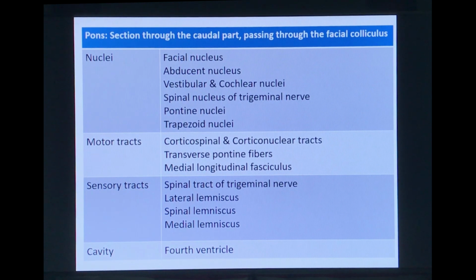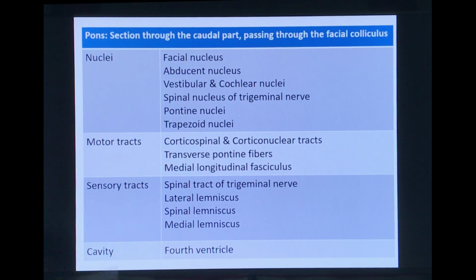The second order neurons are formed, that is the internal arcuate fibers. They cross over in the medulla, and once they cross over, they form a group called the medial lemniscus. When they ascend to the thalamus, they ascend as the medial lemniscus, mainly carrying conscious proprioception, fine touch and two-point discrimination.